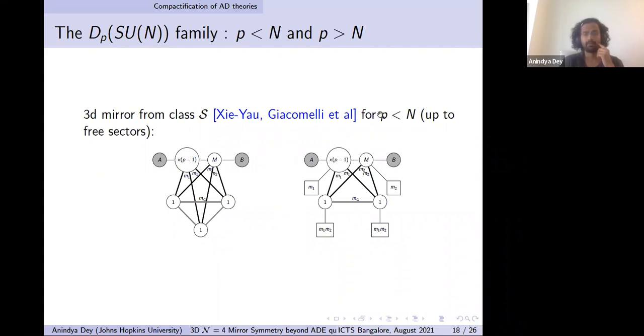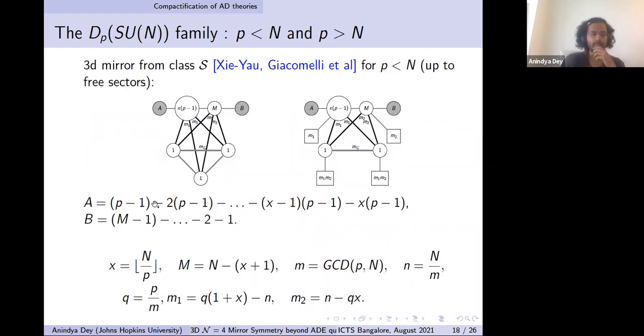So let me unpack the notation a little for you. The mirror theory corresponds to a linear quiver, where A is a tail, which is p minus 1, 2p minus 1, and so on. So this is a unitary tail. And B is also a unitary tail, b minus 1 all the way to 1.